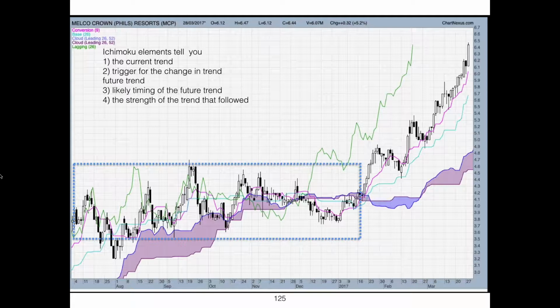The second is a trigger for the change in trend or the future trend. The Chikou span breakout and the Tenkan-sen Kijun-sen crossover above the Kumo told you the change in trend. Third, this is for number 2.